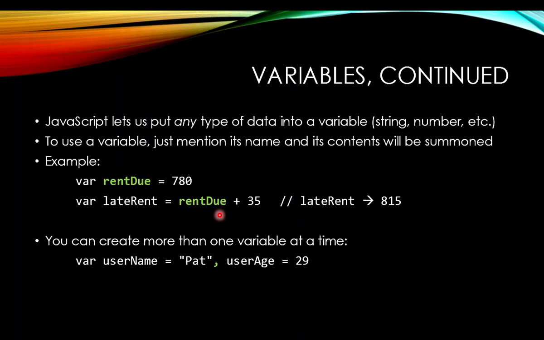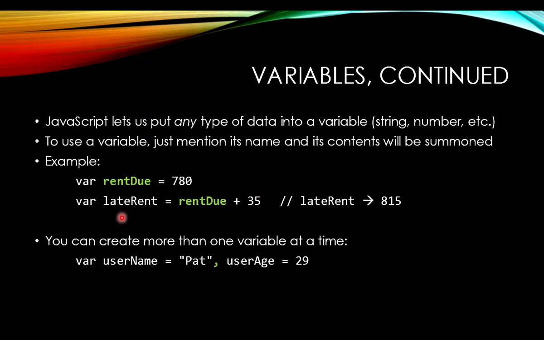It will calculate that result and then put it into the variable called late rent. So after this line of code, late rent has 815 in it. Listen to that back a couple times if you want to walk through it. But the idea here is that using the name of the variable is going to summon its contents and then it's going to continue doing what it needs to do.